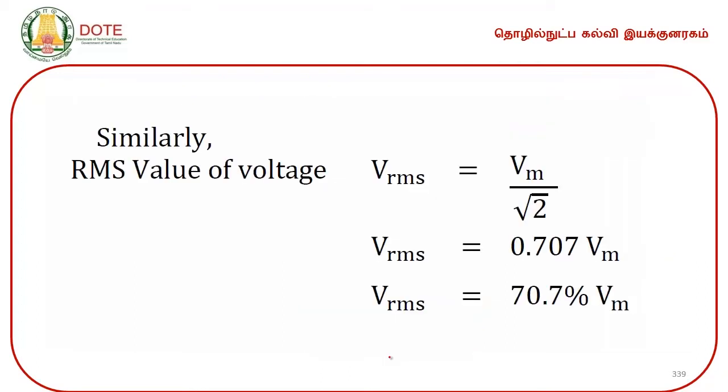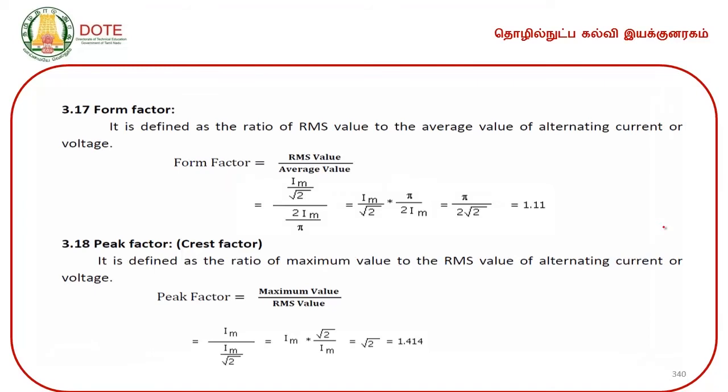Similarly, the RMS value of voltage we can find out: Vrms is equal to 0.707 into peak value, that is 70.7 percent of the peak value will be the RMS value. Then form factor is defined as the ratio of RMS value to the average value of alternating current or voltage. Form factor is equal to RMS value by average value.